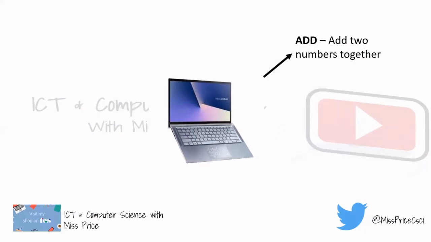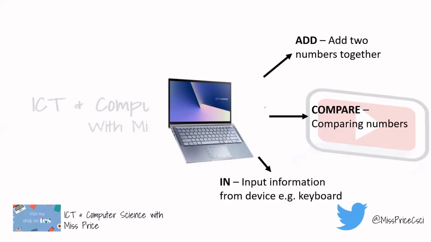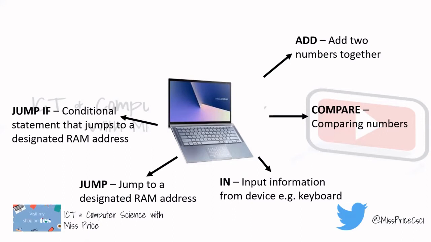So what it will do is add two numbers together, then compare the numbers. Then the input information from a device, such as the mouse or the keyboard, will go into the computer. Then it will jump to a designated RAM address, and there's a condition that it will jump if the condition statement is met, to a designated RAM address. This is when all these instructions are being processed.